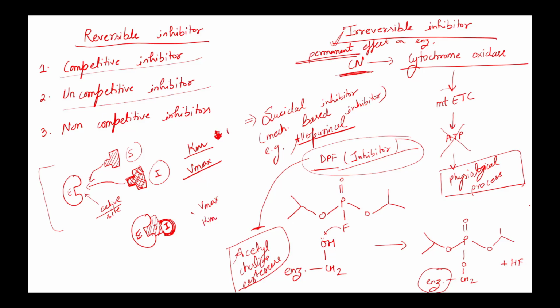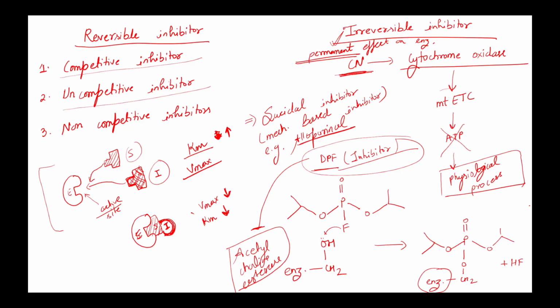Here the affinity of enzyme with substrate gets increased because the inhibitor will work only on the substrate bound enzymes. So here the Km as well as Vmax, both the values get decreased.